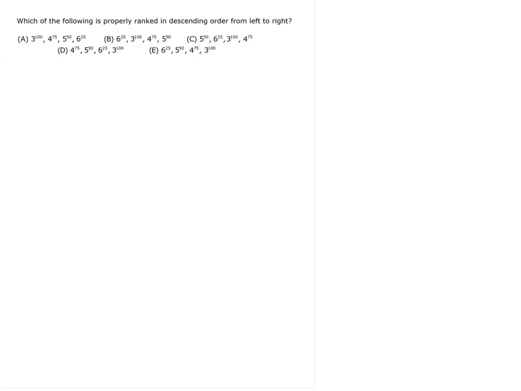Here's what I want you to notice, guys, and this is a really handy approach for figuring out which ugly base to an exponent is bigger. 5 to the 50, 6 to the 25. What I want you to notice is the greatest common factor of all of the exponents.